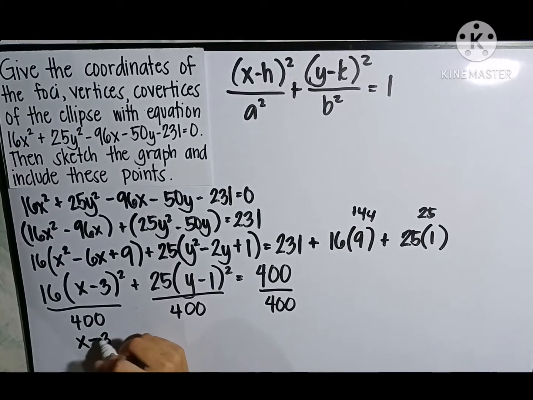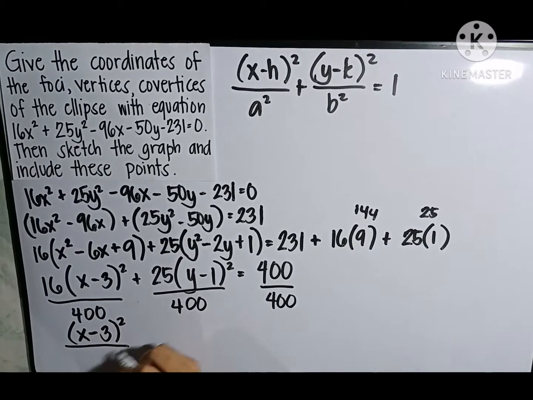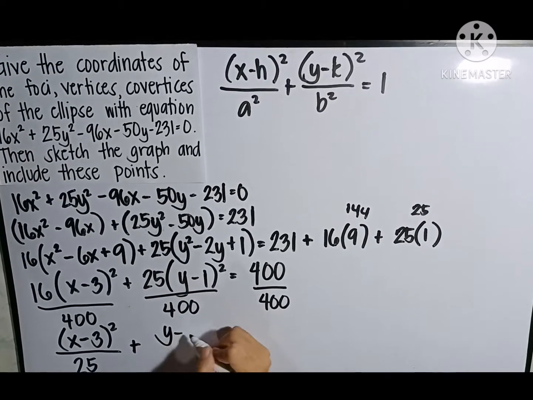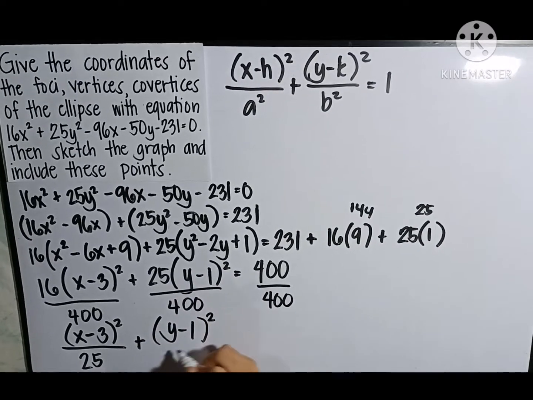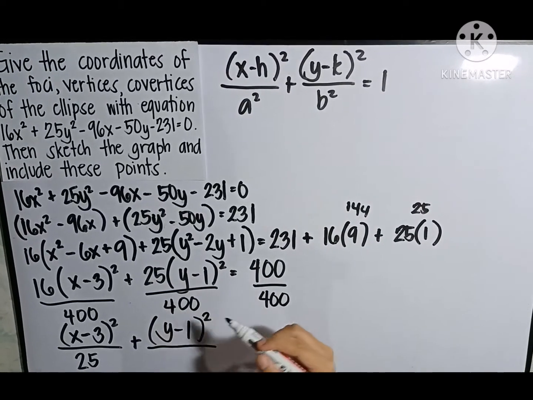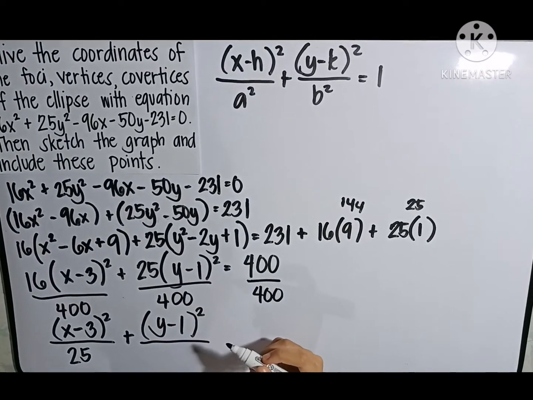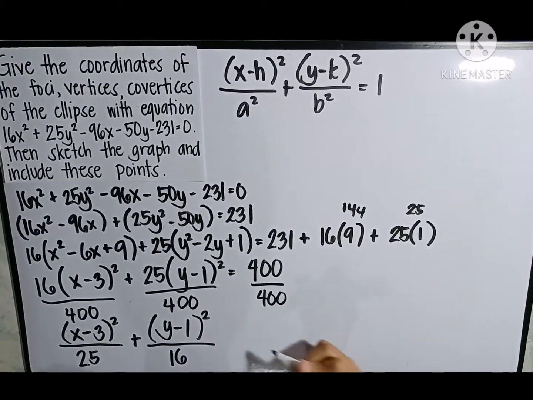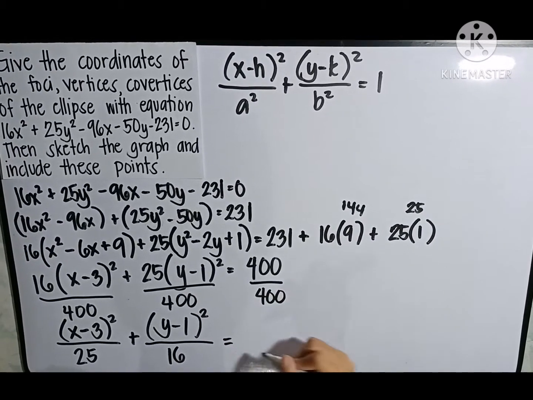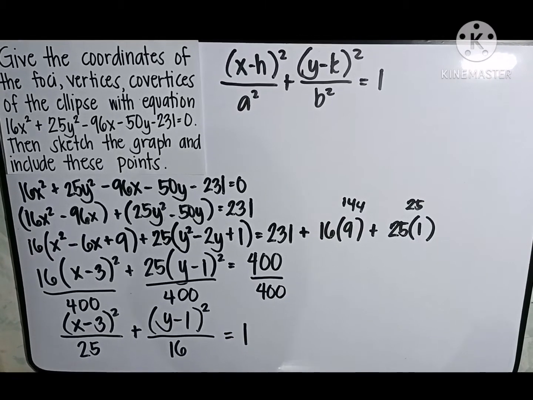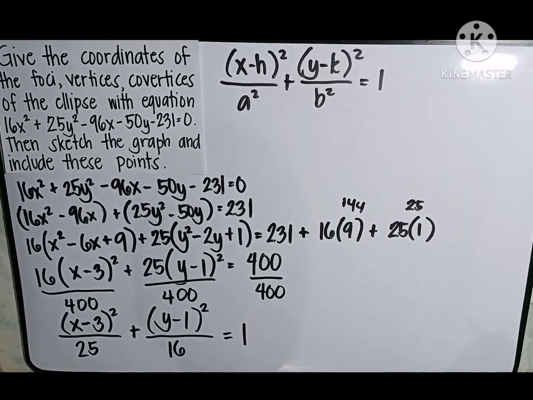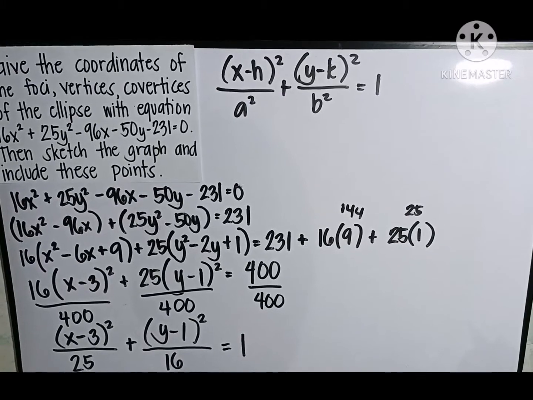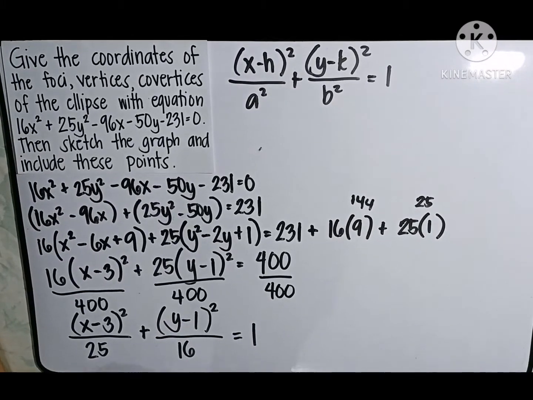So x minus 3 quantity squared over 25 plus y minus 1 quantity squared, 25 divided by 400 is 1 over 16, so y minus 1 quantity squared over 16, is equal to 400 divided by 400 is 1. And now we already have our standard equation, which is x minus 3 quantity squared over 25 plus y minus 1 quantity squared over 16 equals 1.